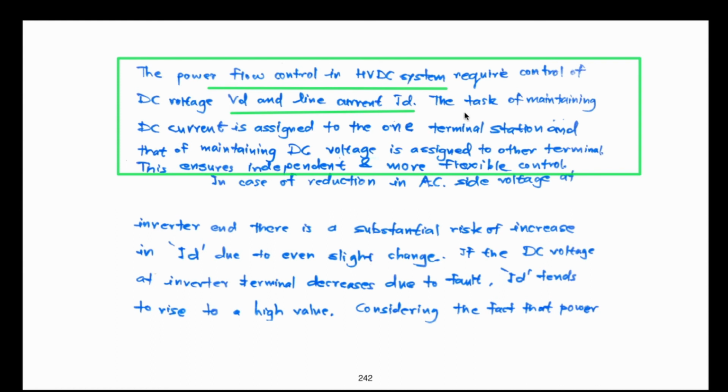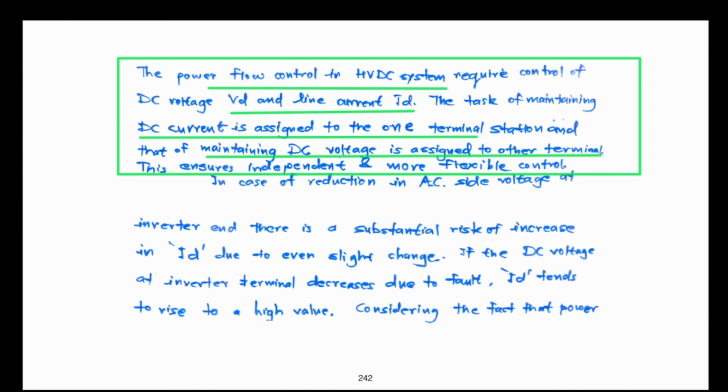So what is done is that the task of maintaining DC current is assigned to one terminal station, that is generally the rectifier, and the task of maintaining the DC voltage is assigned to the other terminal station.